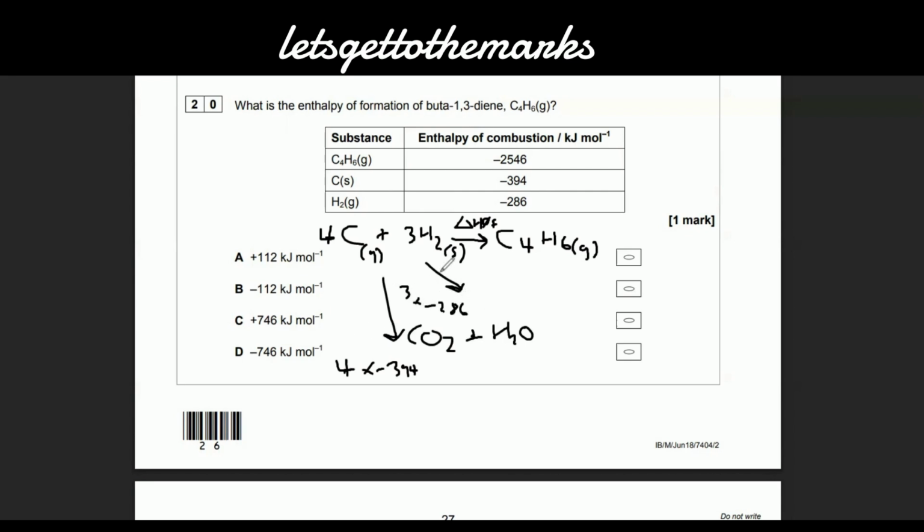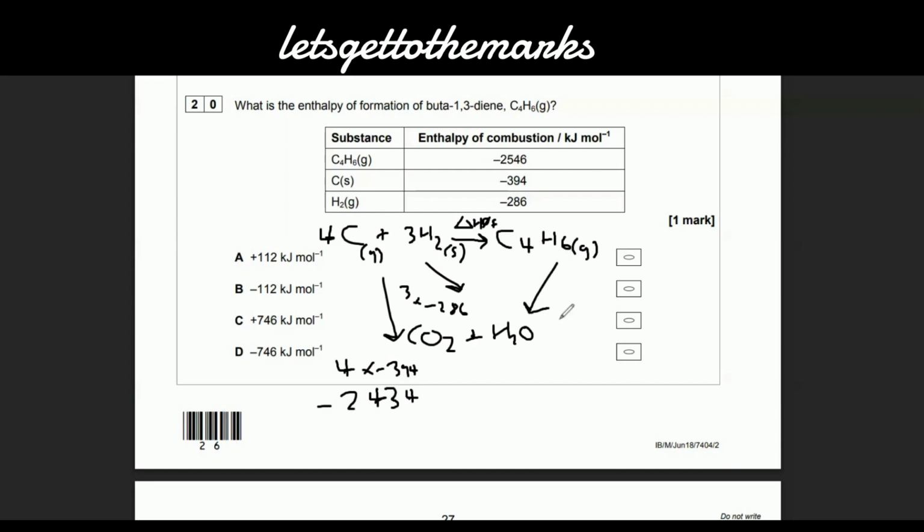So I want to whack that into the calculator and work out the total for the left-hand side. So that is 4 times minus 394, and that gives me minus 1,576. And I want to add that to 3 times minus 286. And that gives me a total on this side of the equation of minus 2,434.